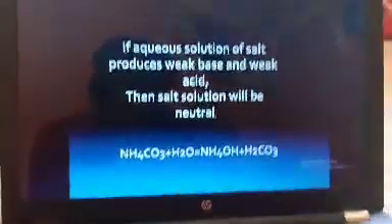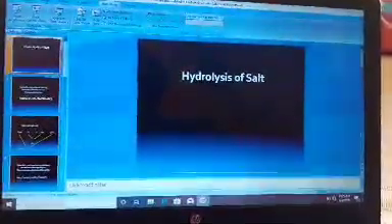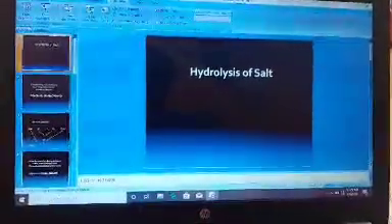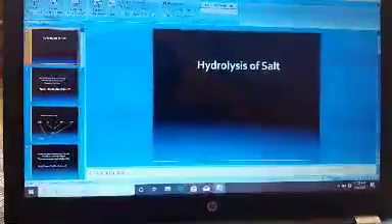So if we can summarize this way, if the salt produces a strong acid and a strong base in the aqueous solution, its solution will be neutral. Also, if the salt produces a weak acid and a strong base, then its aqueous solution will be basic.